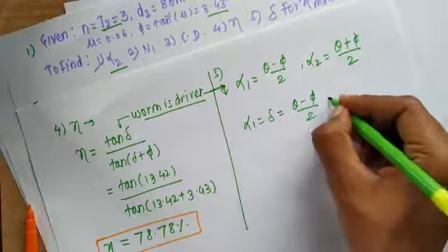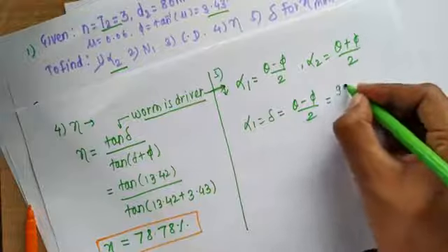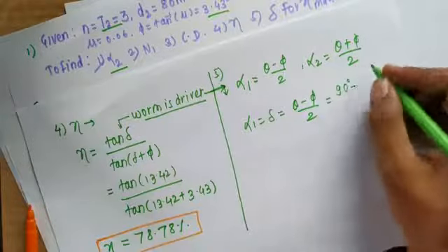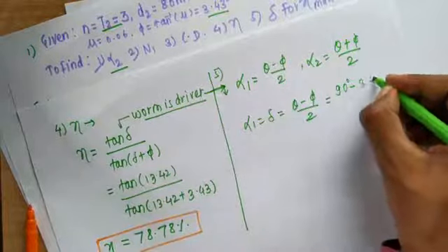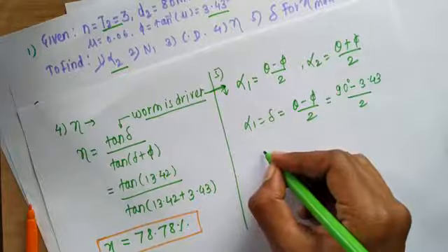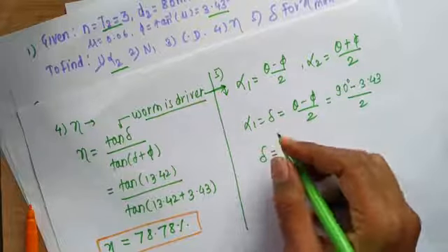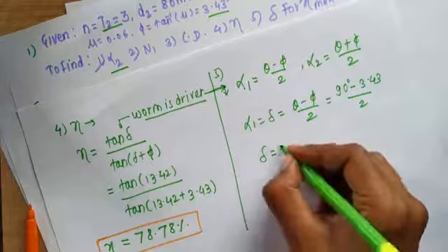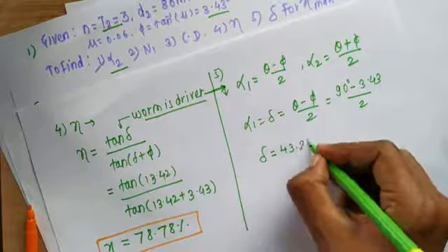So all values are known. Theta is the shaft angle, how much is it? 90 degree, minus phi, phi is also known to us, 3.43 upon 2, which gives delta for maximum efficiency equal to 43.28 degree.